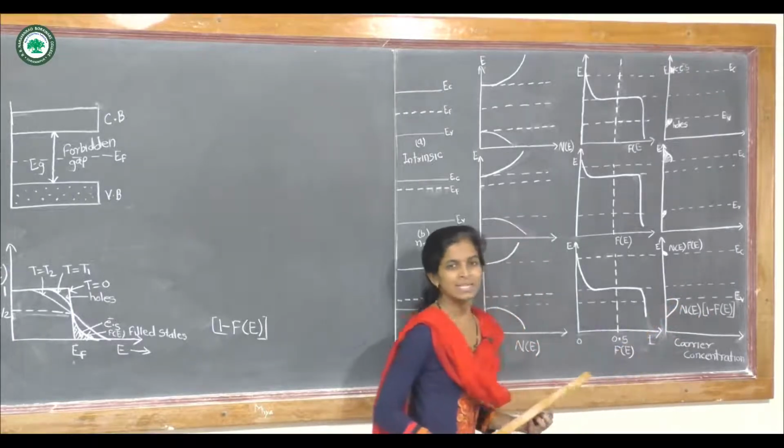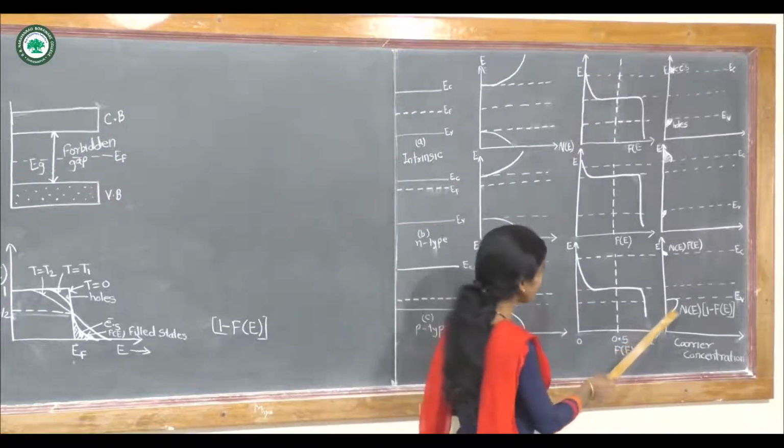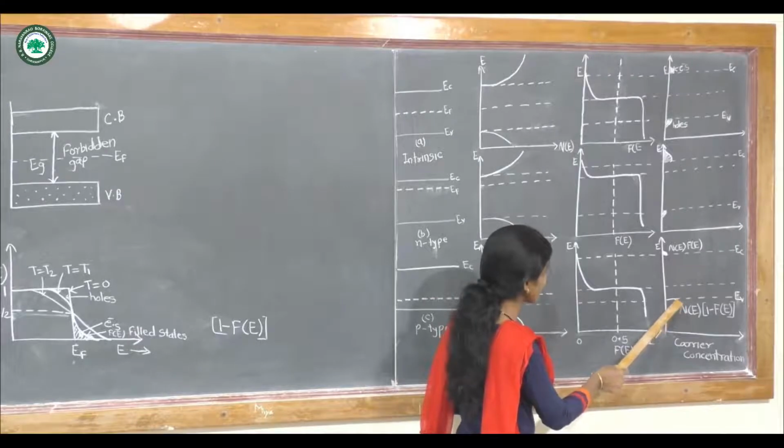So there is a probability of finding the holes near the valence band edge.